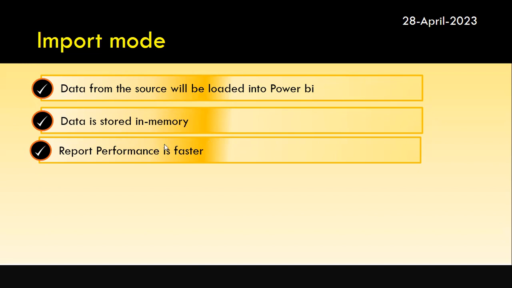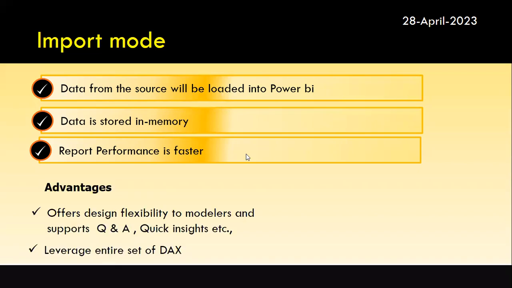Okay, apart from this, the other salient feature of the import mode is something called the xVelocity engine that is running behind the scenes when you use the import connectivity mode. I'll just write it here. Previously it was called something else.